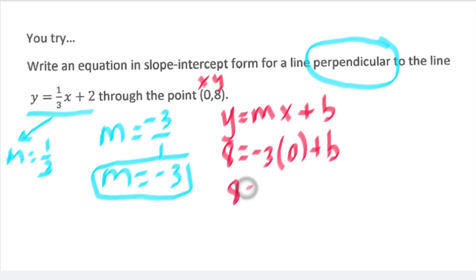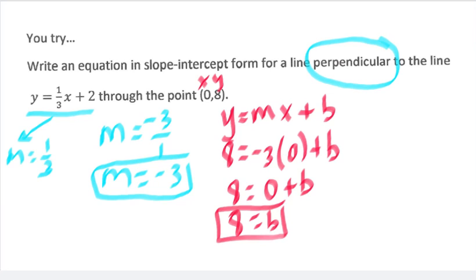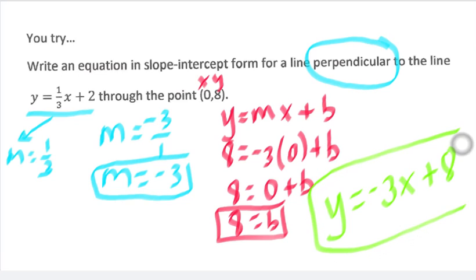So we have 8 equals -3 times 0, which would be 0. 0 plus b is just b. So our y-intercept is 8. Now I'm going to just plug those in. y equals -3x plus 8. And that would be your answer.